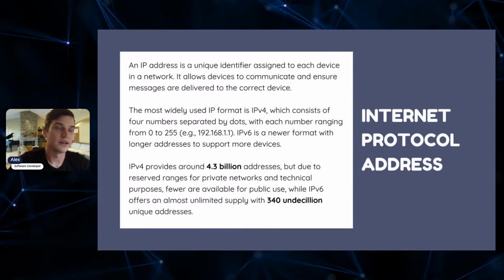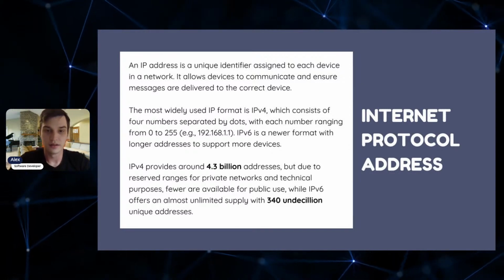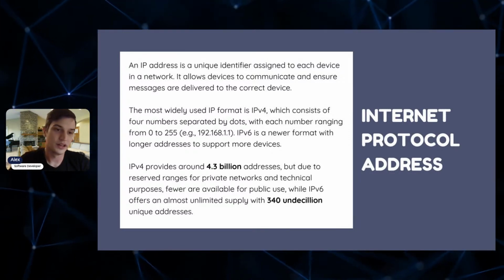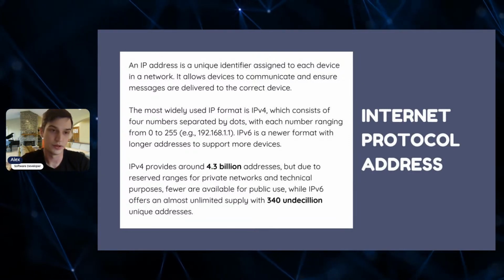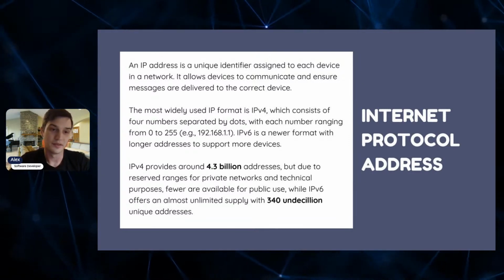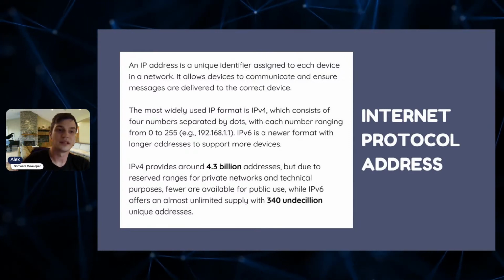So we can identify everyone with a unique address. And actually, IPv6 can provide 340 undecillion unique addresses. It's 10 to the power of 24, as I remember.